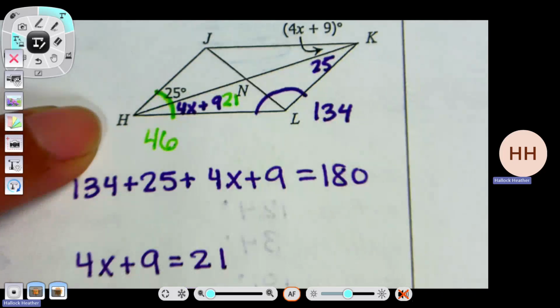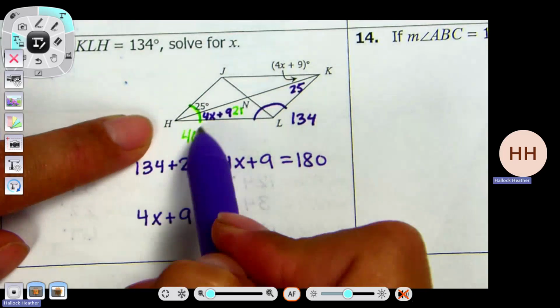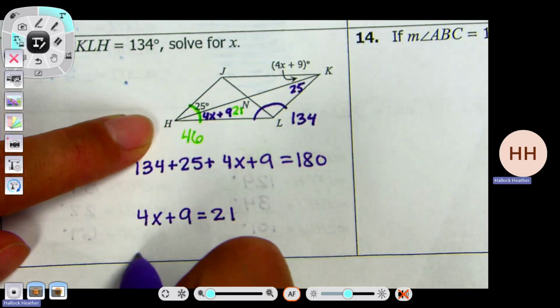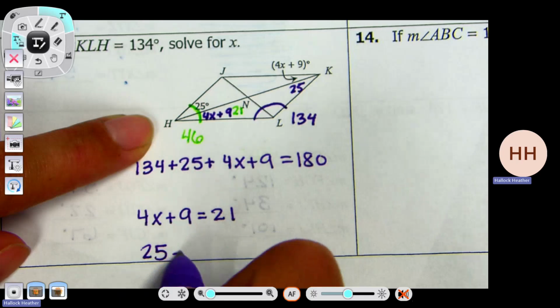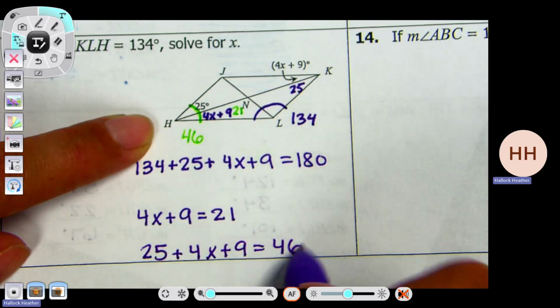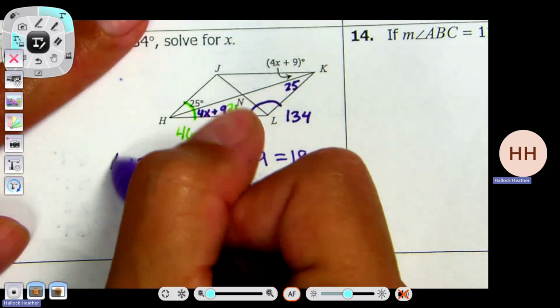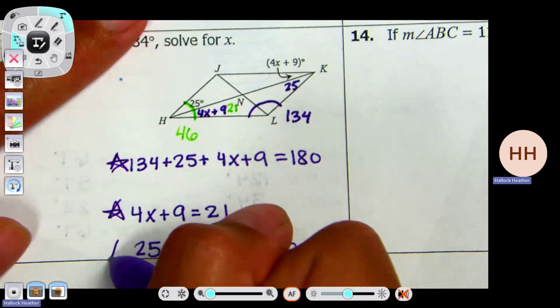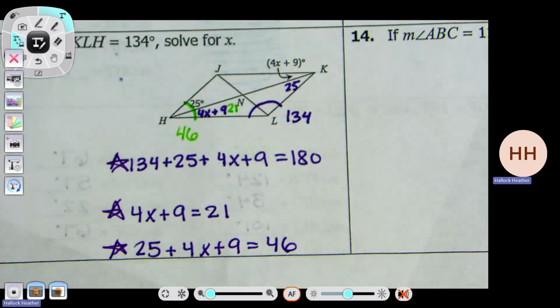Or you could just add these and equal to 46: 25 plus 4x plus 9 equals 46. This is the point in geometry, like algebra, where you could do it a million different ways and they're all going to lead you to the same exact answer.